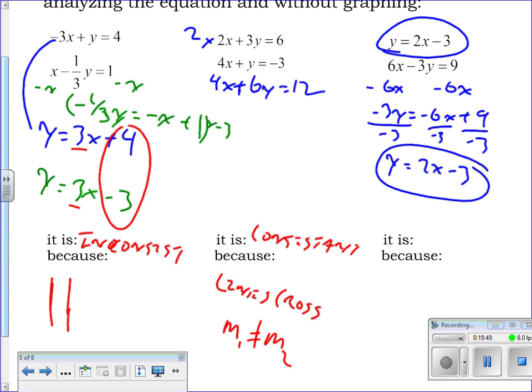This would be consistent, and technically it has an infinite number of solutions, and it's the same line.